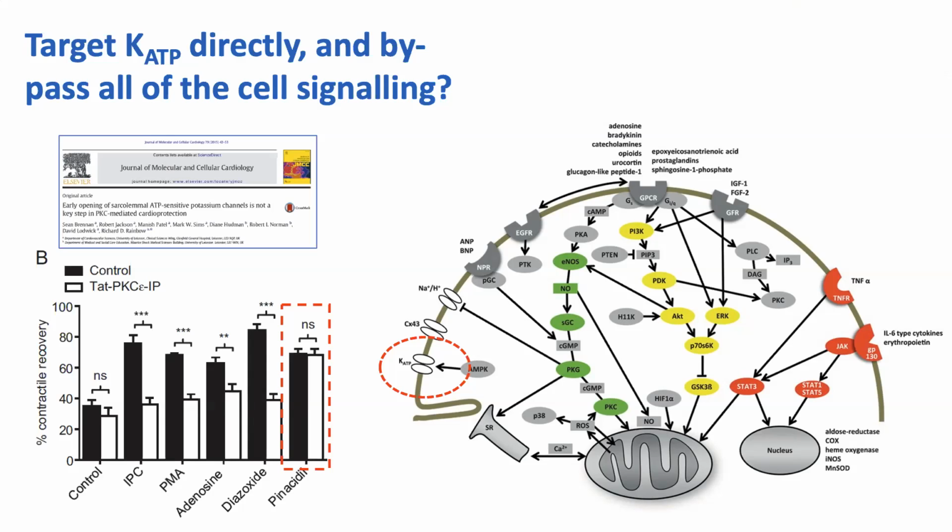Okay. So, Richard, would it make any difference if you delivered the drug directly to the reperfused area? So, for example, if you had it coming off the stent, so that it was really concentrated in the cells that you wanted to get it to.